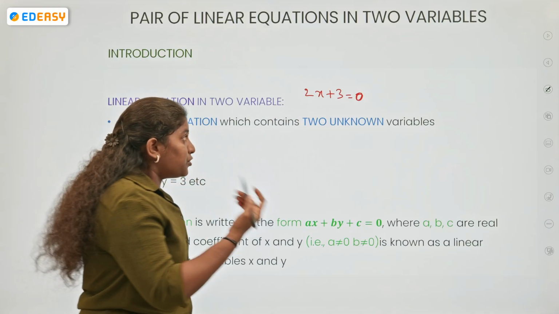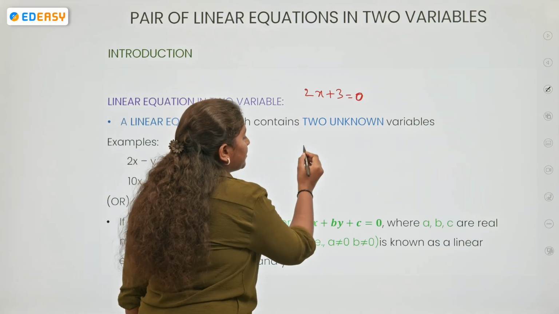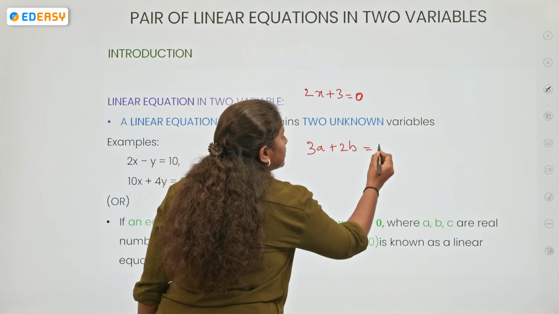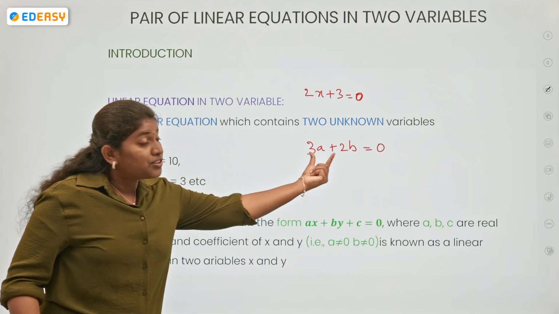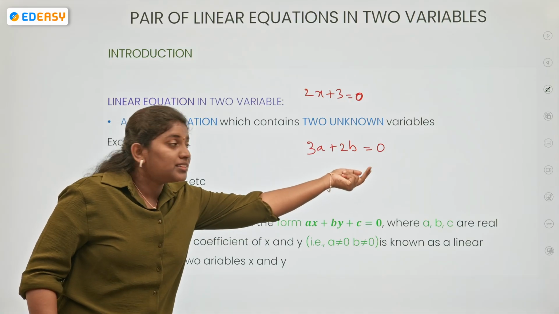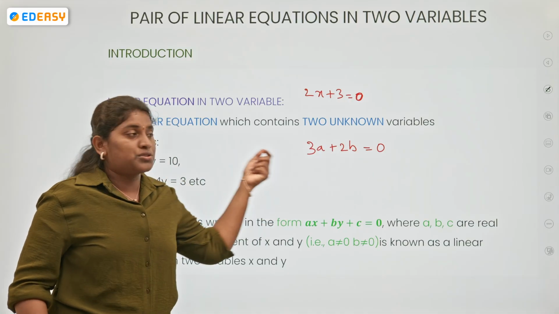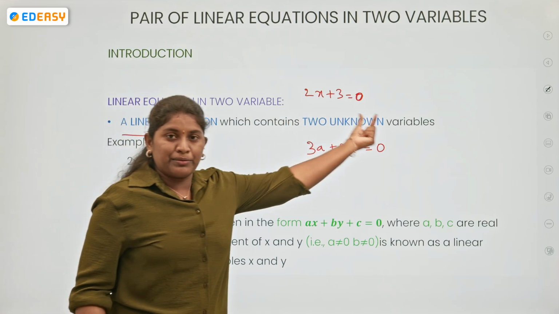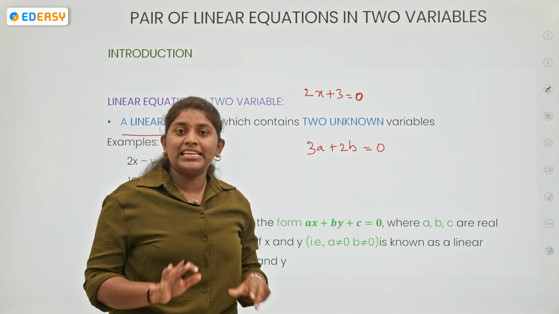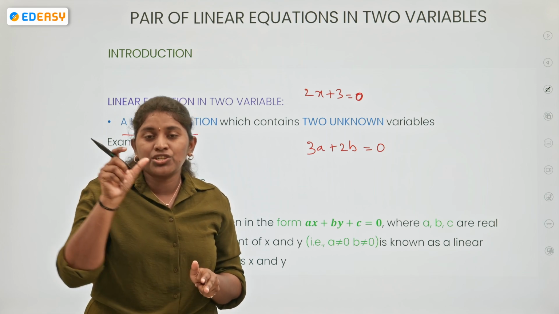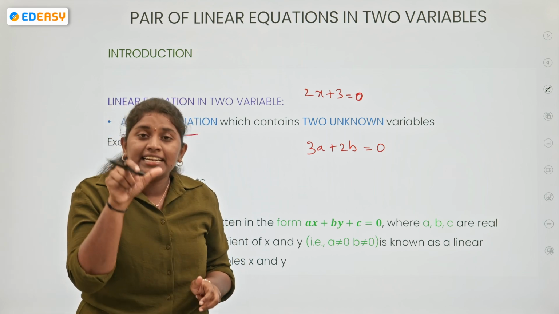If you take a linear equation in two variables, 3a plus 2b equals 0, here this is your linear expression in two variables and you are equating it to another value. So this becomes your linear equation in two variables.